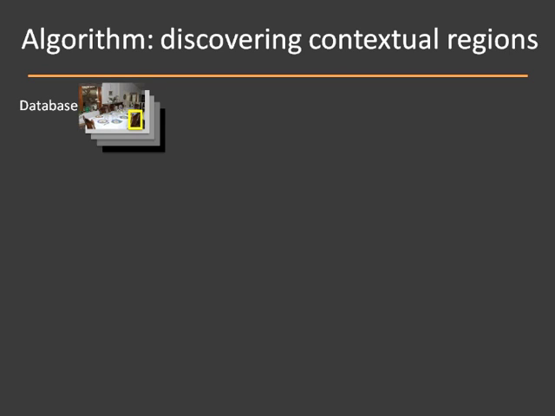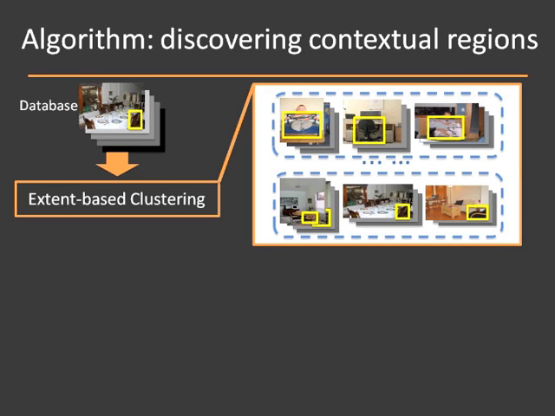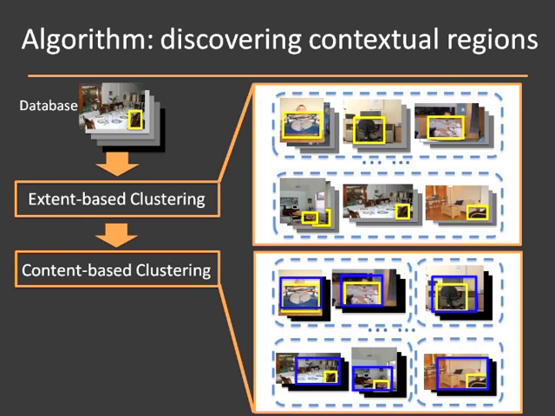Our approach is straightforward. During training, it involves a two-stage clustering process. Using the labeled object of interest bounding box as an anchor point, we first cluster all images containing the object of interest according to the object location and scale. In the second stage, we further divide each cluster into two clusters based on the different contents around the object.